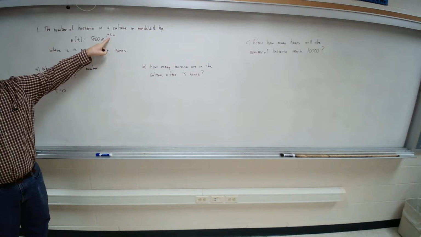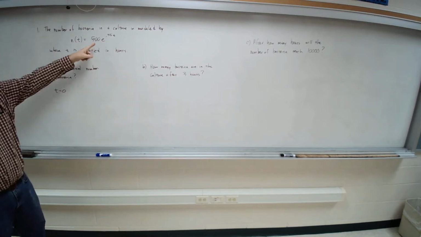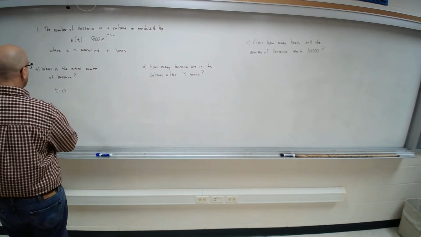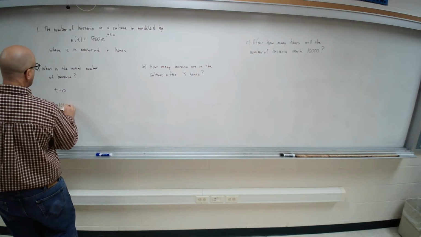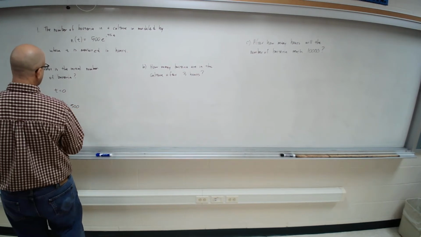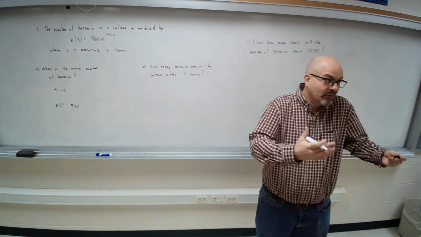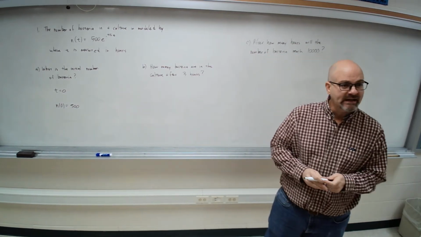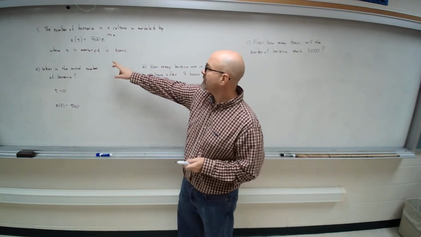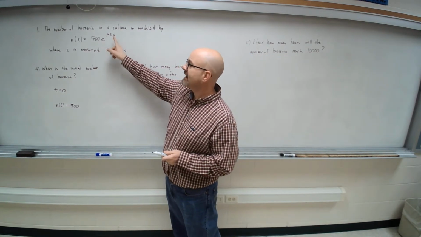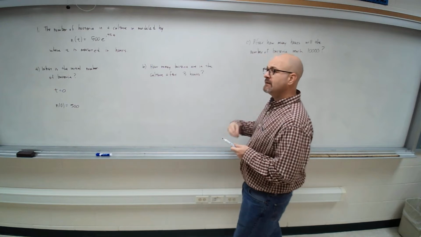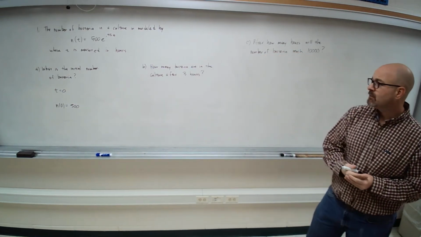And we know that e to the 0 power is 1. So 1 times 500. So we might write this as N of 0 equals 500. Now, you could type it in your calculator. It would still give you 500. But again, you don't need to. It's just going to be this multiple because, again, we know when time is 0, e to the 0 power is just going to give us 1.